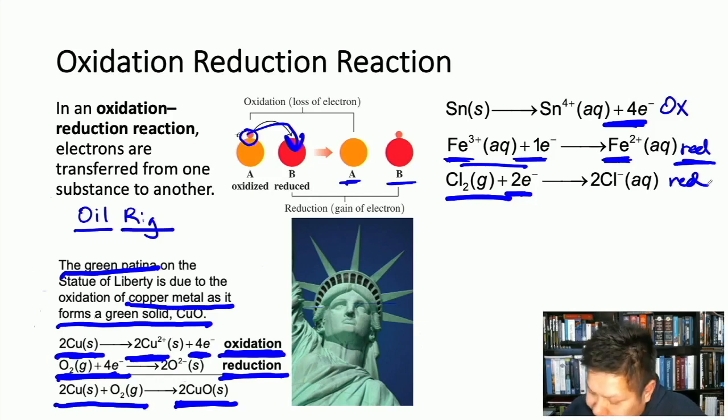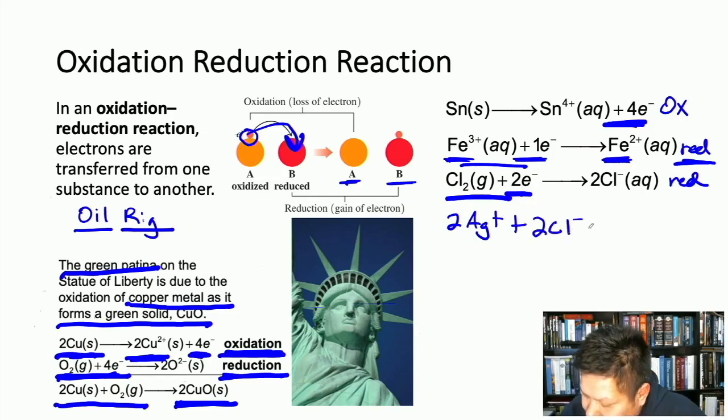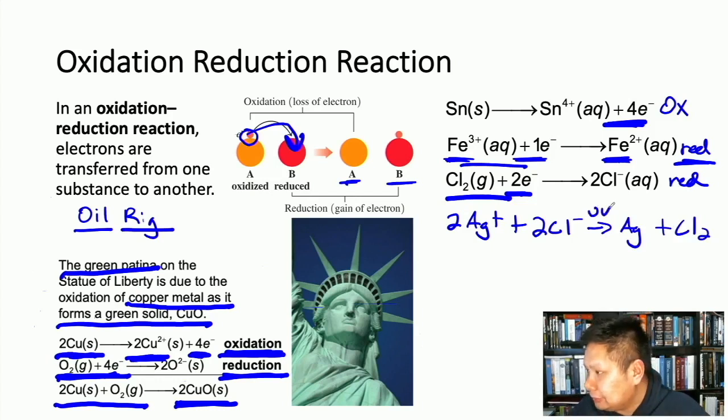Let's do a couple more examples here. Say I have something like silver ions plus 2 chloride ions, and I end up with solid silver plus chlorine gas. This can happen with exposure to UV radiation, right?